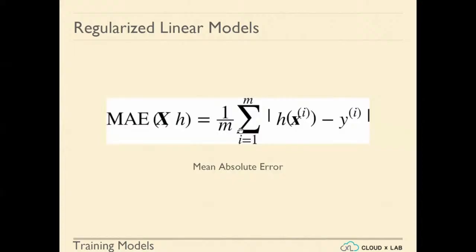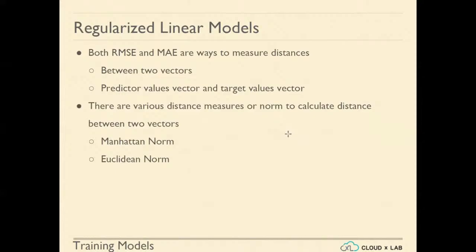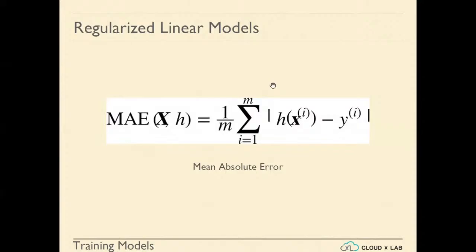To calculate the distance between actual and predicted, you can use either the absolute function or the square function, right? Here we are taking the absolute function. This type of distance is called the L1 distance. Square is nothing but the Euclidean distance.